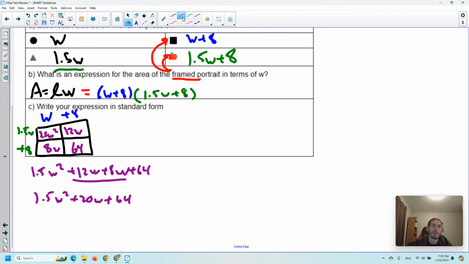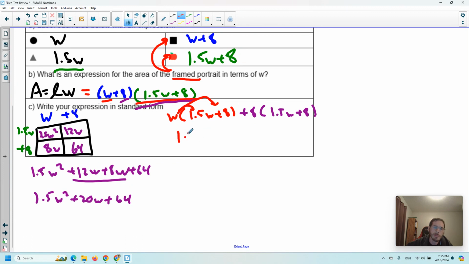Again, I'm going to do this one two ways. If you didn't like using the boxes, this is where we would take the W and multiply it by everything here. So W times 1.5 W plus 8. Then we would take the 8 and multiply it by all of these. So plus 8 times 1.5 W plus 8. When we distribute this time, 1.5 W squared.